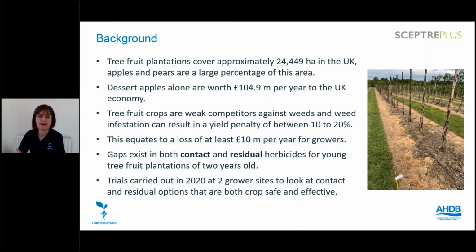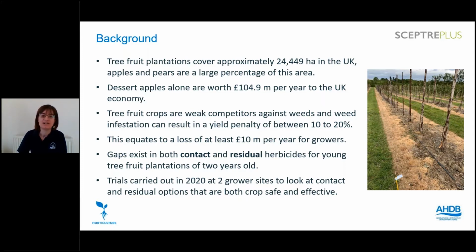So just to give you a bit of background as to why we were doing this work and why it's important to look at. Within the UK, the tree fruit plantations cover approximately 24,500 hectares, and a large percentage of this area is apples and pears. In terms of value, dessert apples alone are worth around 105 million a year to the UK economy.